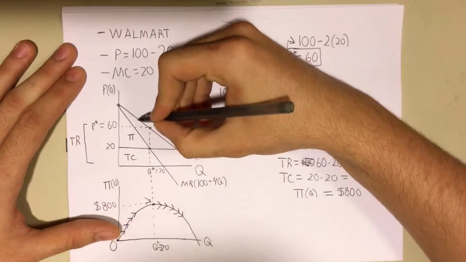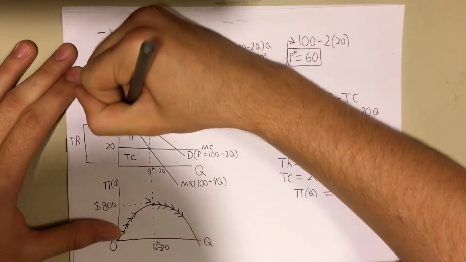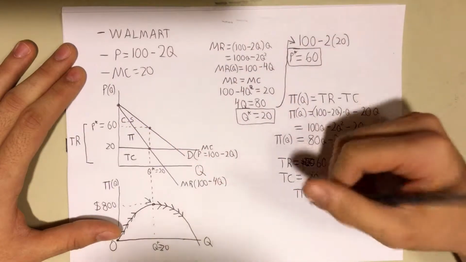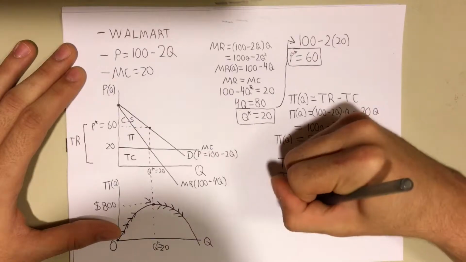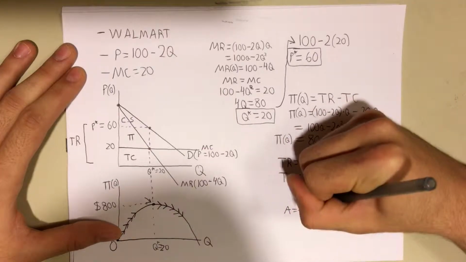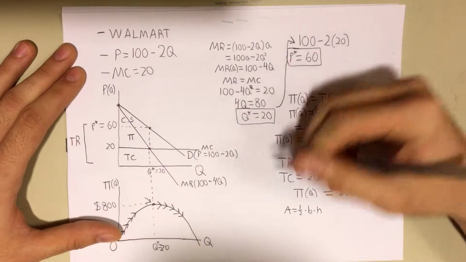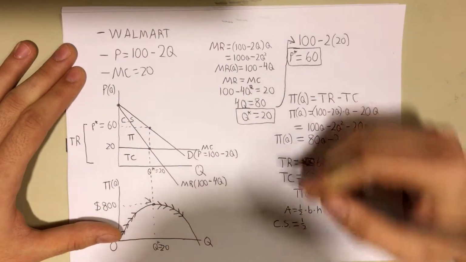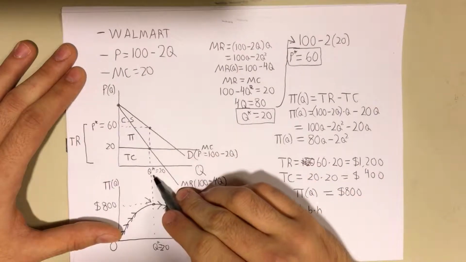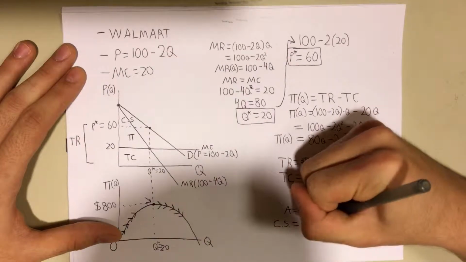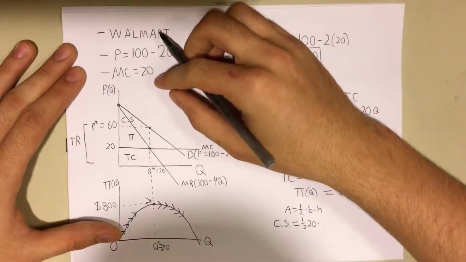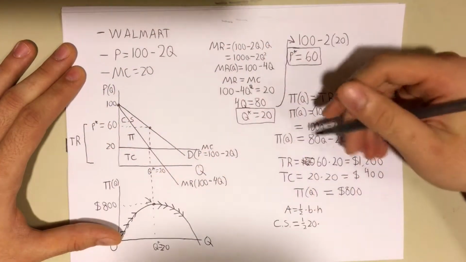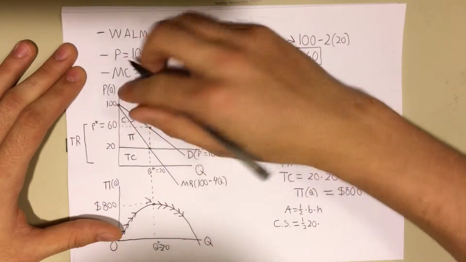And then we also have our consumer surplus represented by this triangle up here, which we can also find by using the area of a triangle. We know that the area of a triangle is just 1/2 times base times height. In this case, for consumer surplus, the base of the triangle stops at 20 units of production, times the height, which is just 100 minus 60, a surplus of $40 here.